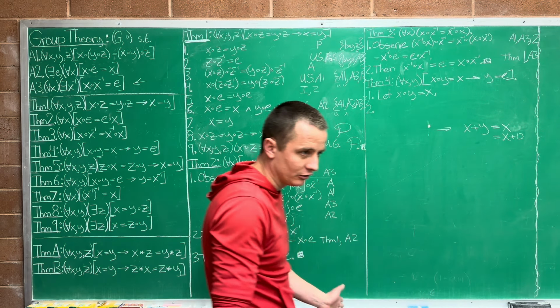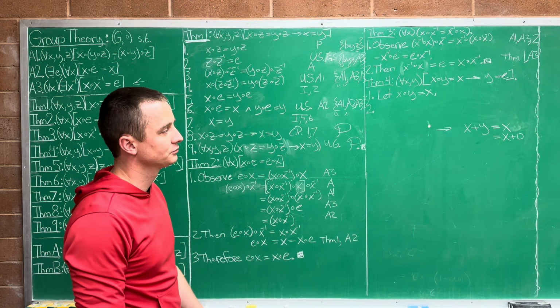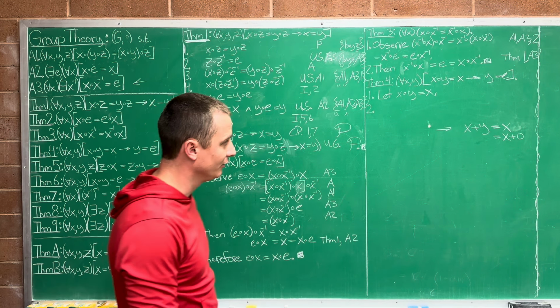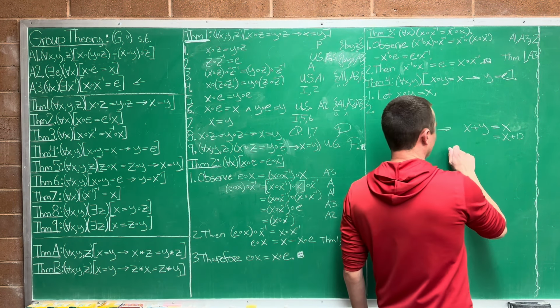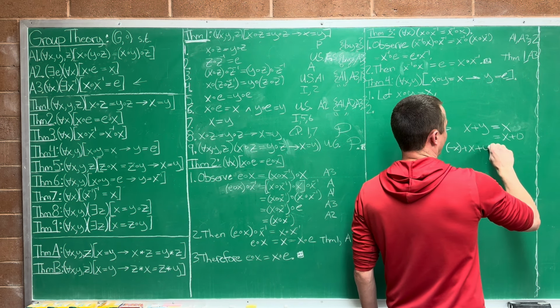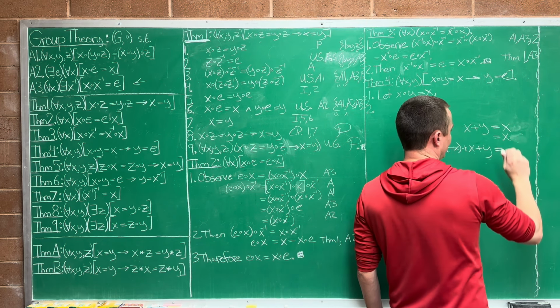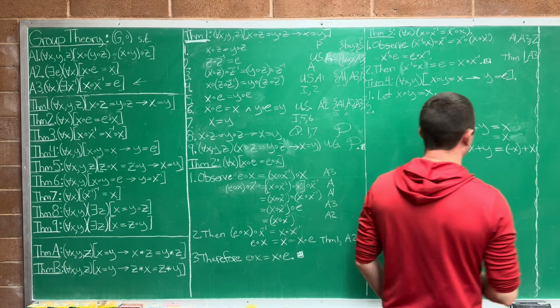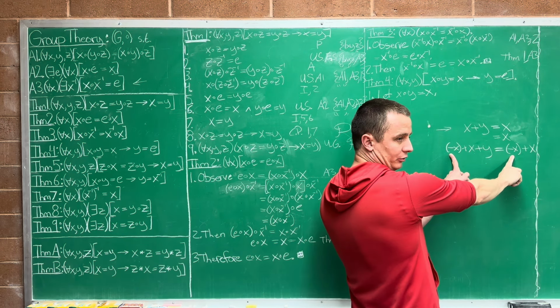Adding 0 doesn't change it. And then you add negative x to both sides. So negative x plus y must then be equal to negative x plus x, right? I added a negative x to both sides.